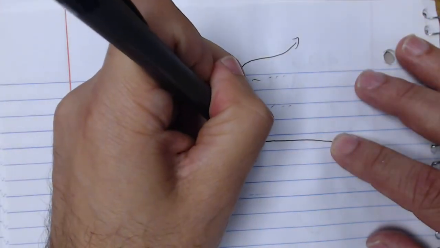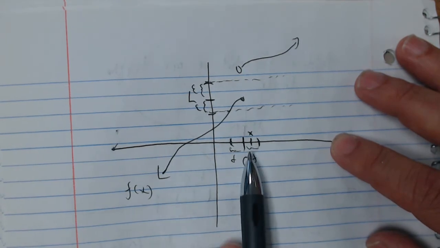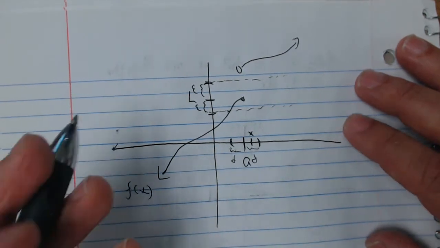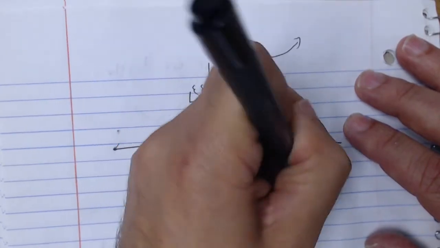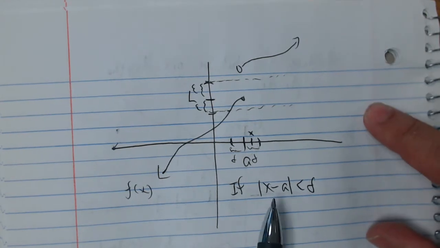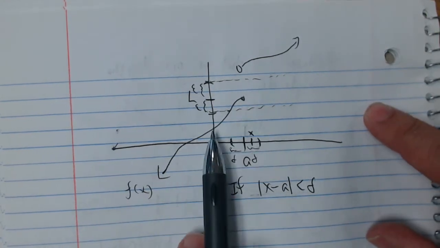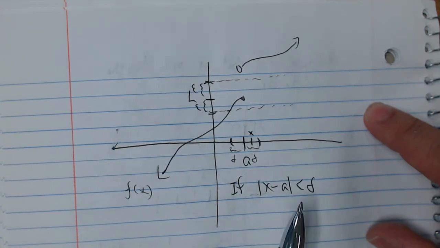So let me pick this x. All right? And what do I notice? The distance from x to a is clearly less than delta. So if |x minus a| is less than delta, then if this limit exists, we need to show that |f of x minus L| should also be less than epsilon.